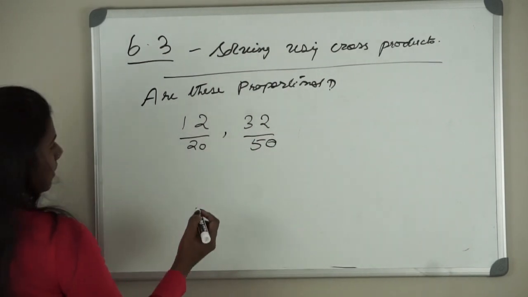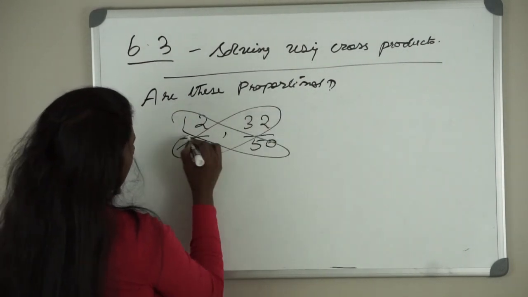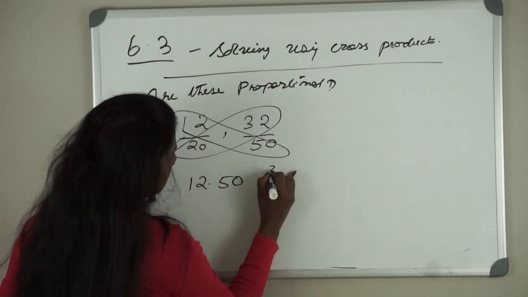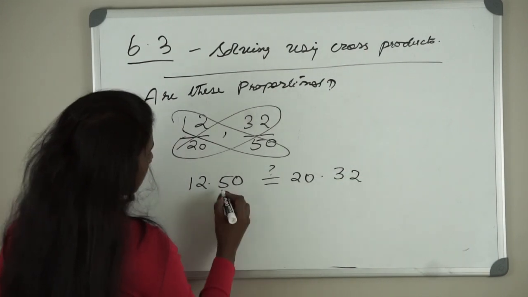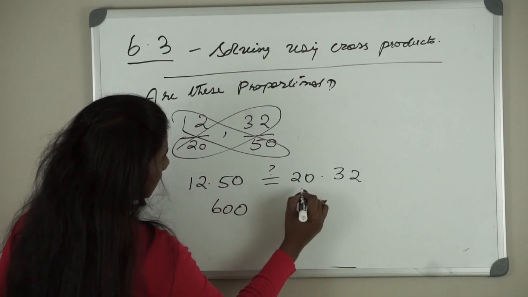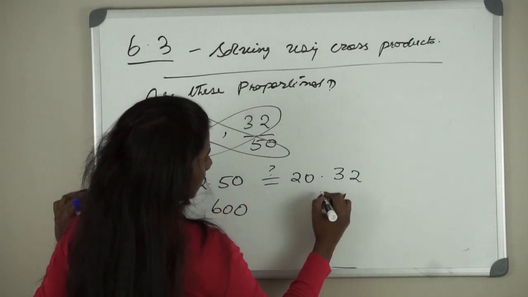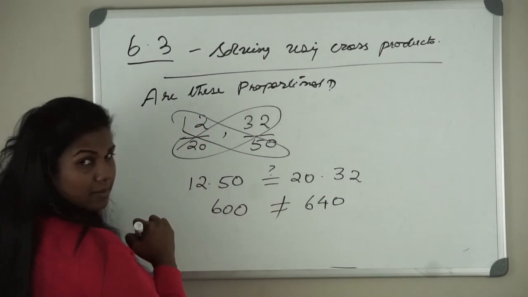So how do I do that? Again, I can use the cross product. 12 times 50, is it equivalent? We still don't know. 20 times 32. So what is this? 600, right? And what is this? 640. So these are not equivalent.